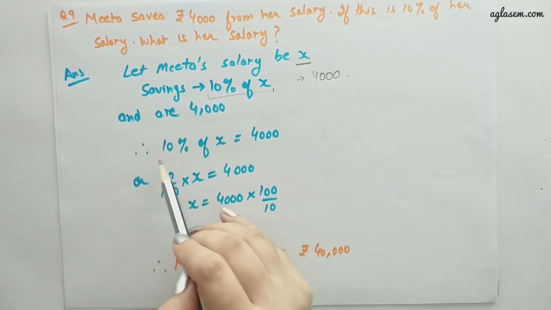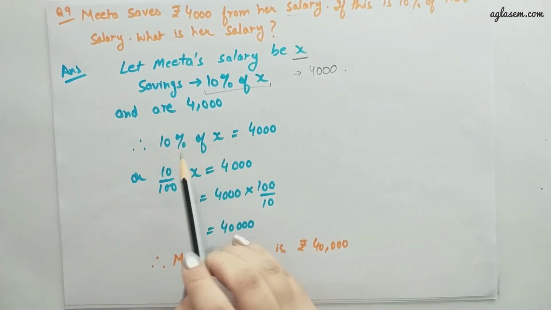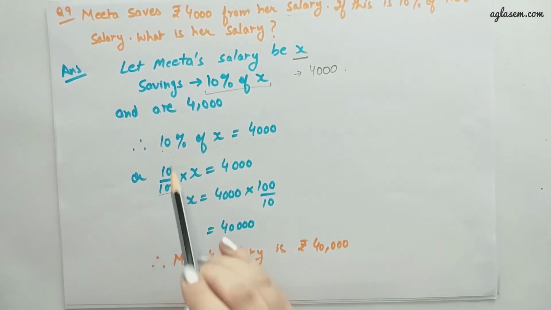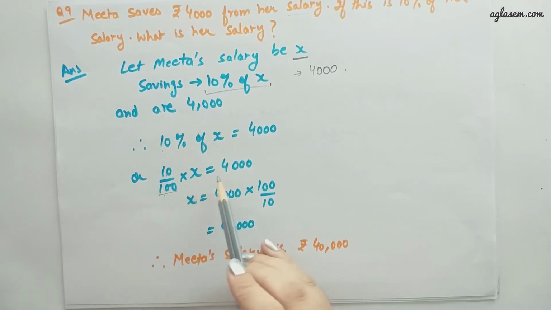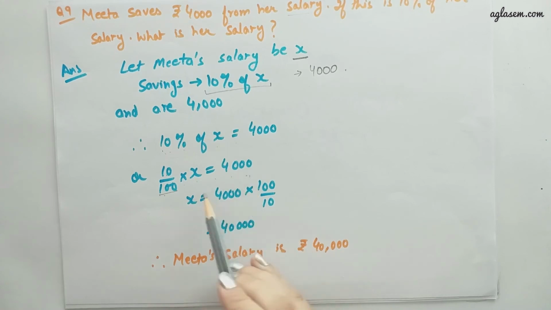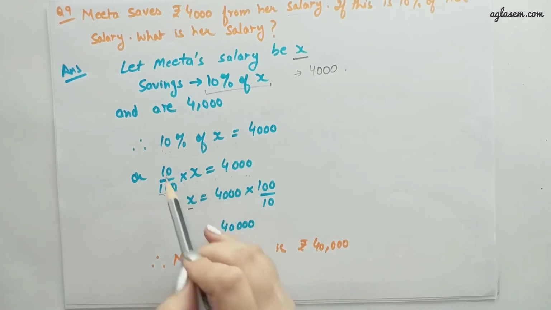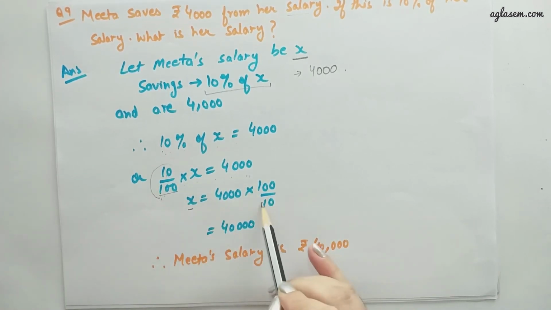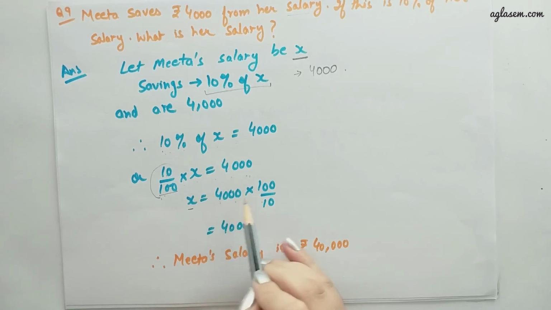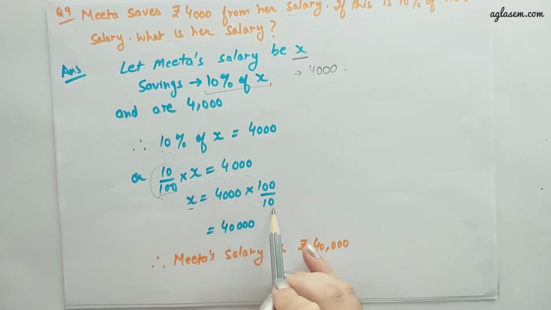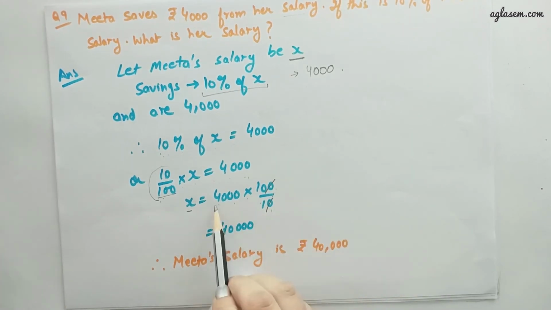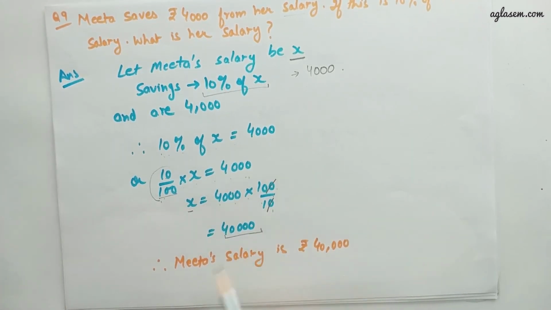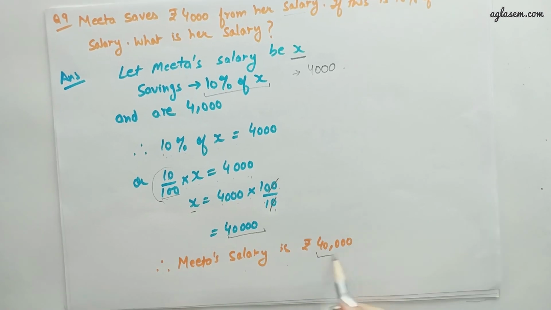Now we have to solve this part. Here we have to divide 10% by 100. 10 by 100 into X is equal to 4,000. Now keeping X on this side only and moving this section to the right hand side, we'll get 4,000 into 100 divided by 10. It's very easy solving. We'll get 40,000. So Mita's salary is 40,000 rupees.